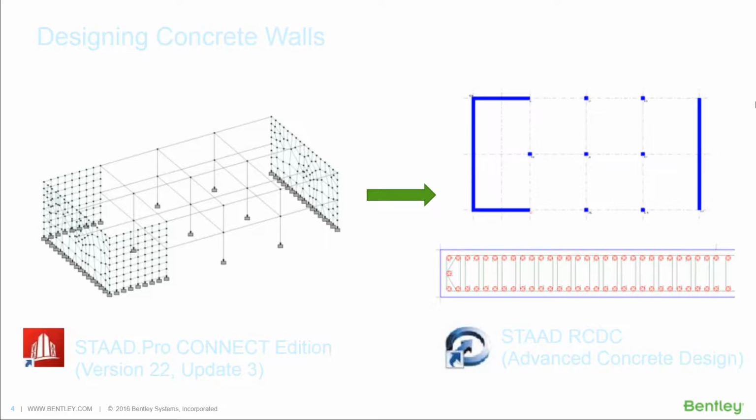Now we can use this version to create a finite element mesh using parametric models and then send those walls over to the RCDC. Now, as I mentioned, in 2019, I did perform a special interest group session, and in that session on a similar workflow, we were at the point where we had to create our walls in our system as basically member elements, and you had to define them as a parametric member, and you had to define the length of the member as basically the length of your wall.